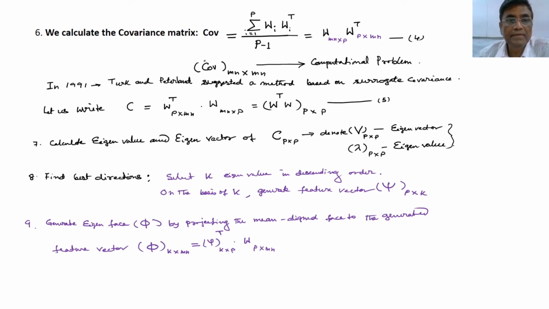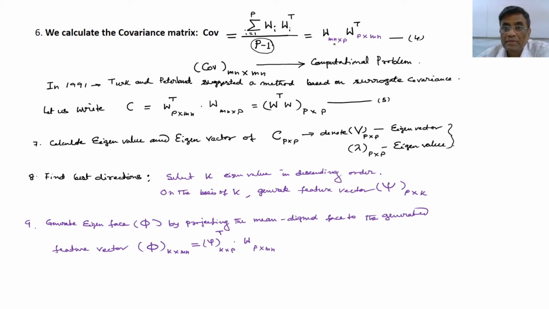This is the covariance matrix, divided by P minus 1. In my earlier video, you can see how to calculate the covariance matrix. It is P minus 1 because we have samples. We are not considering this because it is a constant term, and it will not have any importance in calculating the eigenvalue decomposition, so we can ignore the constant term.